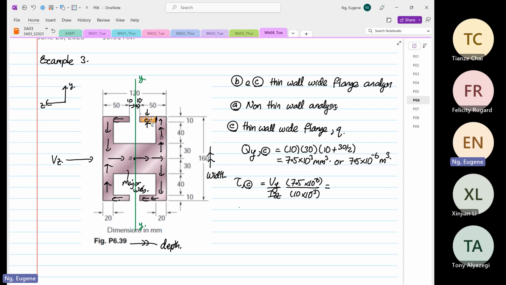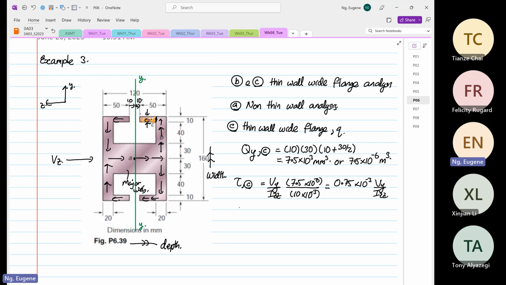So 7.5 power minus 6 divided by 10 power minus 3 is equal to 0.75 times 10 to the power minus 3 Vy over Izz. Okay, let me do it again. 7.5 power minus 6 divided by 10 power minus 3, yep, 0.75 times 10 to the power minus 3.